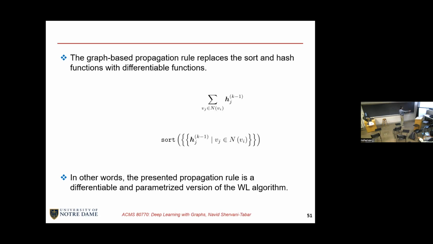So aggregating and sorting labels from our neighborhood is essentially equivalent to the summing function. In our model, we're summing over different embeddings in our neighborhood, and that's going to construct a message. This message is equal to the neighborhood aggregation information in the Weisfeiler-Lehman algorithm.